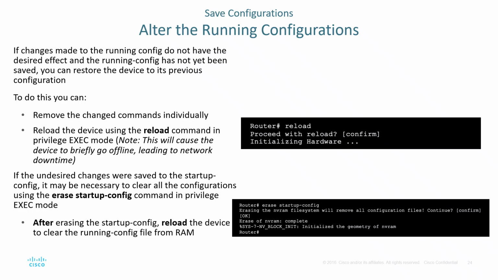So you use the reload command in the privileged exec mode. This will cause the device to briefly go offline, leading to network downtime. Now, what you see here, it's going to prompt you, are you sure that you want to reload this machine? Okay, again, when something is in the brackets, it is a default answer, and if you want that default answer, you just press enter.